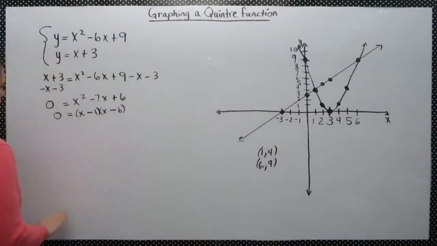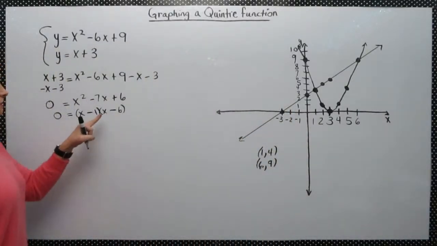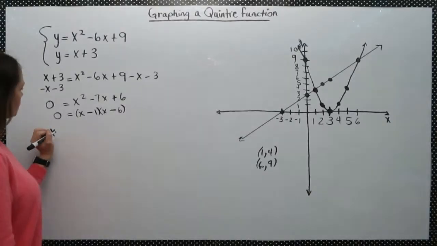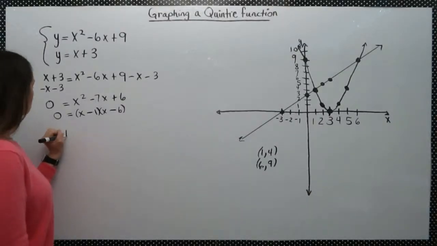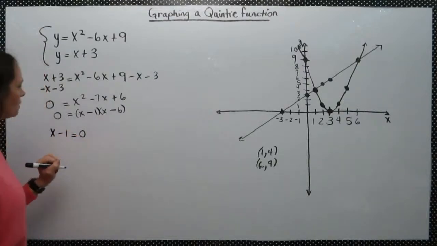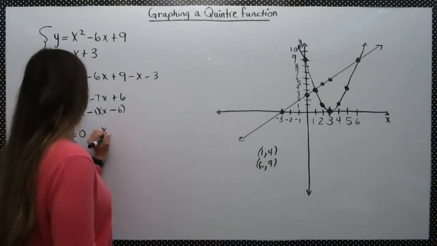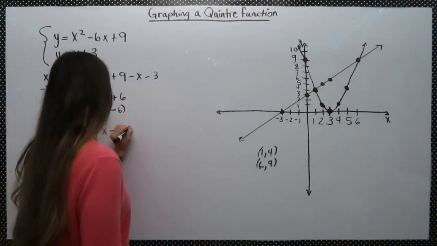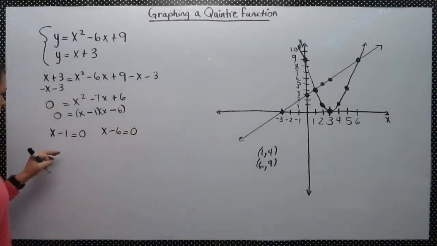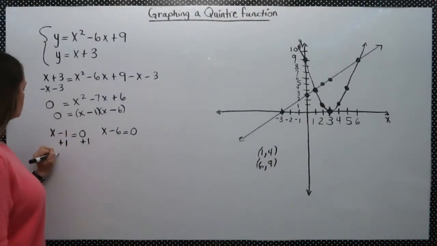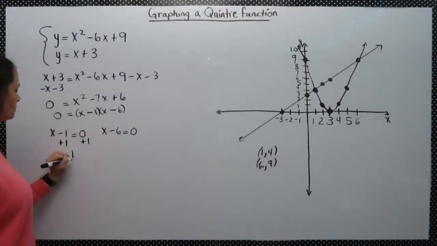And what this is saying is, because when you have these two factors and you have them set equal to 0, there's two values for x that satisfy that equation. So you're going to have x minus 1 equals 0 and x minus 6 equals 0. And then a one-step equation, just adding 1 to both sides, you're going to get x equals 1.